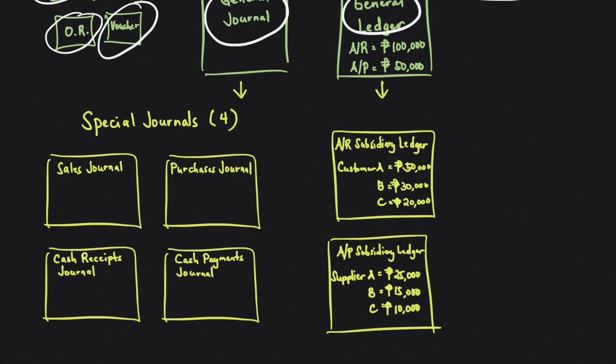Now, in a merchandising business, aside from the general journal, companies also make use of what we call the special journal. And we have 4 types: the sales journal, the purchases journal, the cash receipts journal, and the cash payments journal. What these special journals do is collate recurring or repetitive transactions of merchandising businesses.